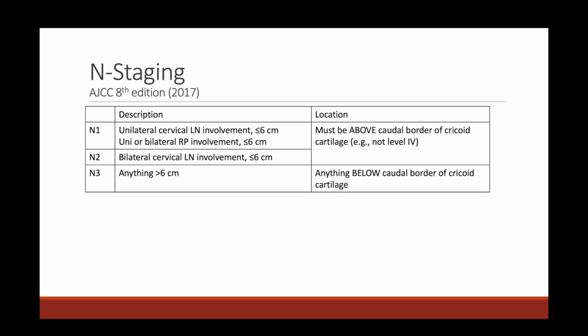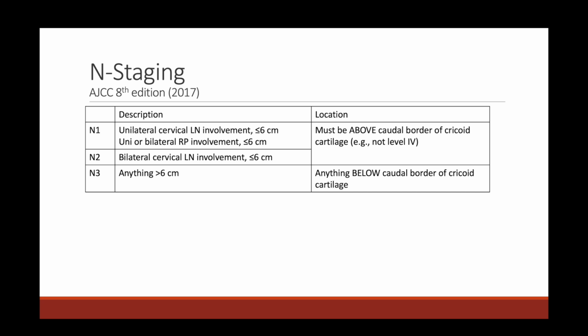So it has to be above the caudal border of the cricoid cartilage, and you can have a unilateral cervical lymph node that's up to 6 centimeters, or you can have bilateral retropharyngeal nodes that are up to 6 centimeters. So any of that would be considered N1. So unilateral cervical or bilateral retropharyngeal, less than or equal to 6 centimeters, and it has to be above the caudal border of the cricoid cartilage.